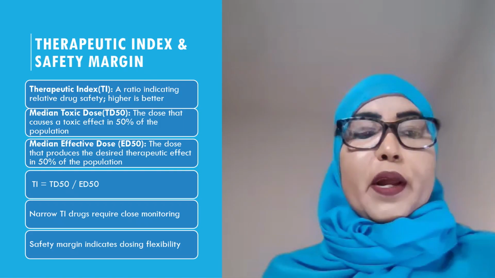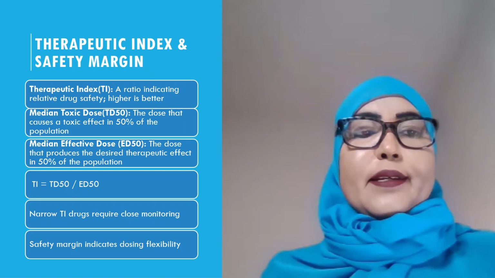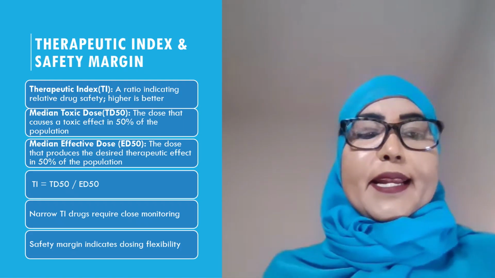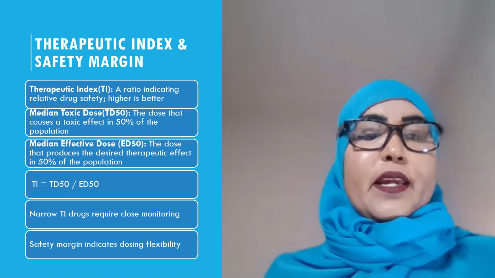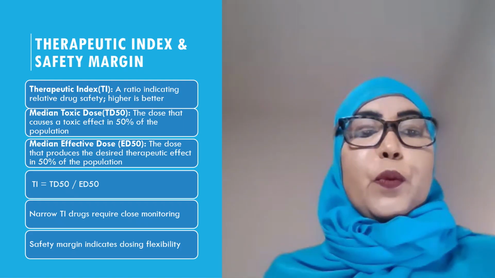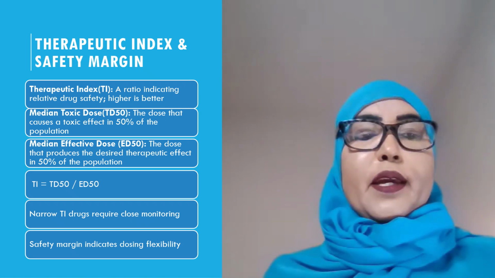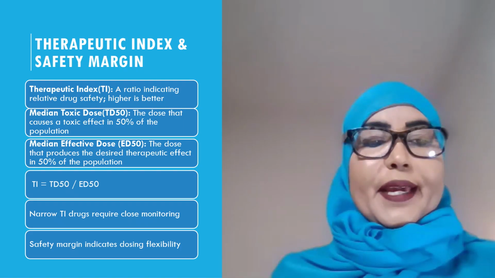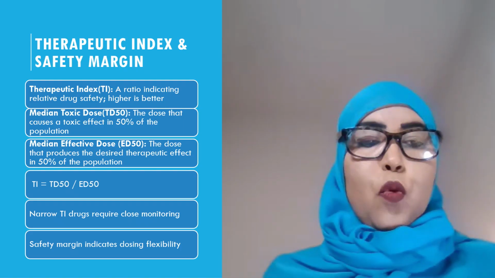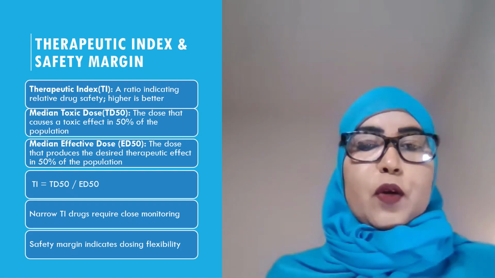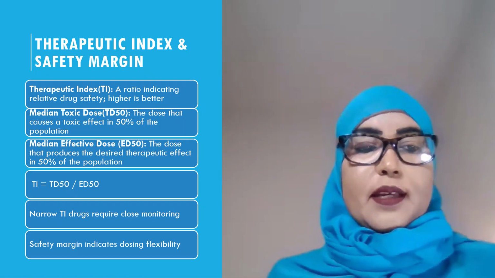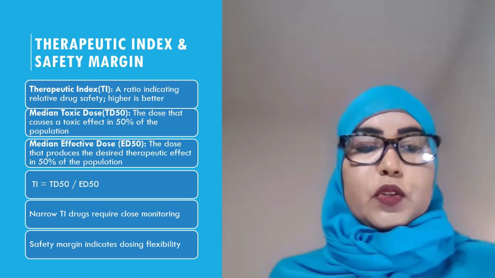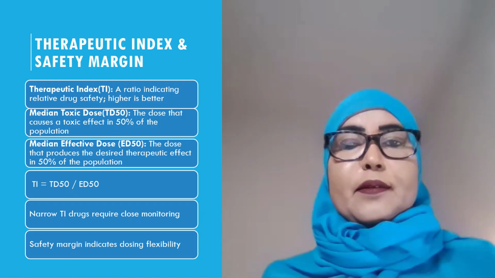So there is a formula: therapeutic index equals TD50 over ED50. That's how you know what the therapeutic ratio is. Narrow therapeutic index drugs require dose monitoring because they have a higher toxicity. Safety margin includes a close flexibility.